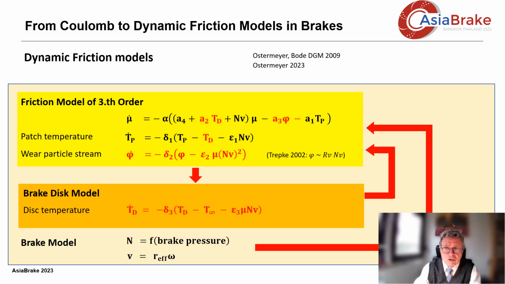For the wear particle stream, you see a rather simple approximation. This can be improved. I will not go into that at this point, but please see the paper coming out soon. The disk temperature itself is generated by the friction contact, but this equation is not part of the friction law. It is actually just a very simple model of the rotor.